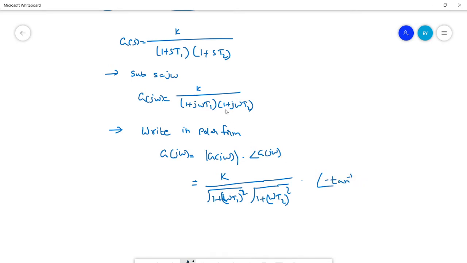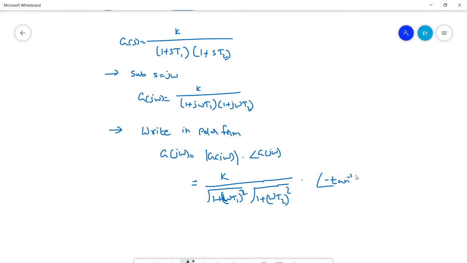In the expression 1 plus jωt1, a is 1 and b is ωt1.